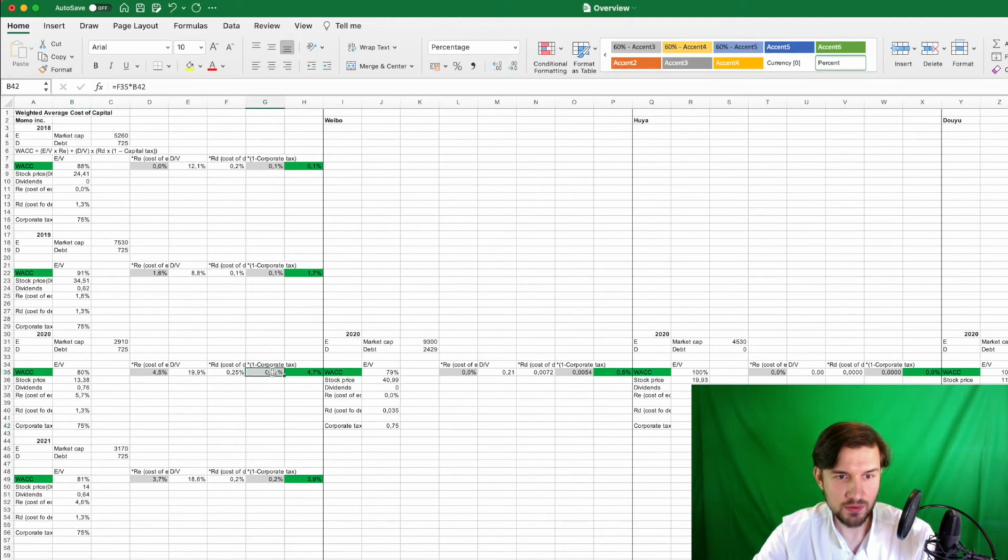We multiply it by 75% and we get 0.19%. And then we just sum them together. We sum the cost of capital on equity with the cost of capital on the debt, which in total is 4.7% in 2020, significantly higher in comparison to 2019 and 2018. Mainly, in 2018 we did not have any dividends, and in 2019 we had smaller dividends and a larger market cap.